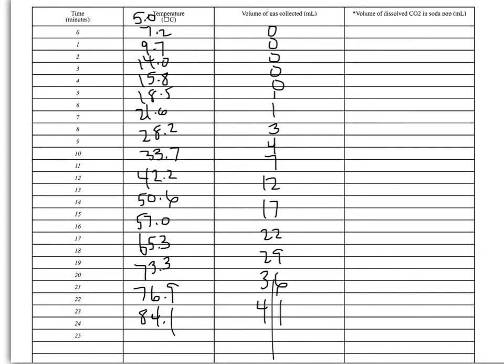Say I want to solve for this one: I take the biggest number, 41, and I just subtract every number from it. So 41 minus 0, well, there were 41 milliliters of CO2 in the pop, and do that all the way down. By the time you get to the last one, when you subtract the largest number minus 41, there was none left in there.